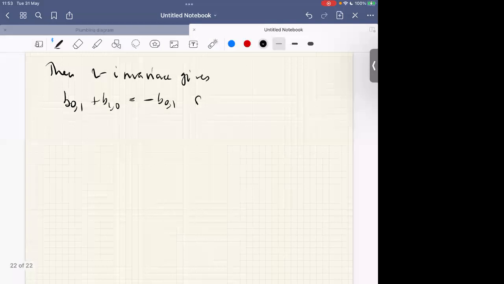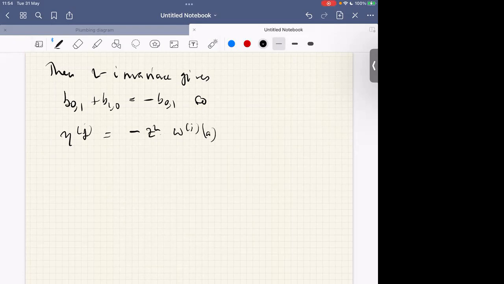So this derivative is minus z squared times omega j evaluated at A plus O of 1. That makes sense. Easy.